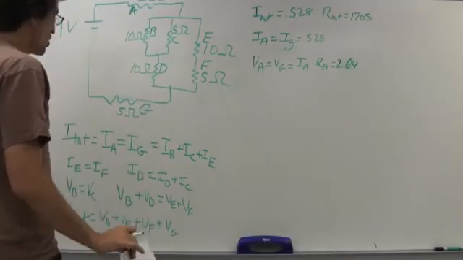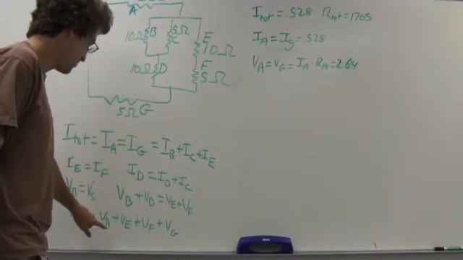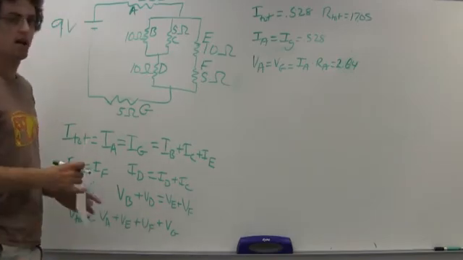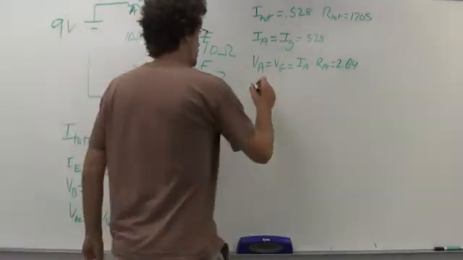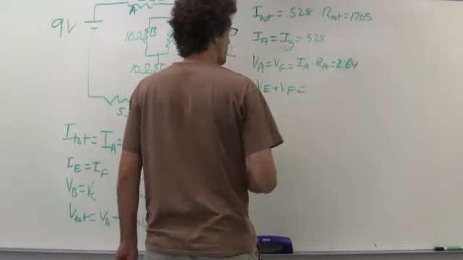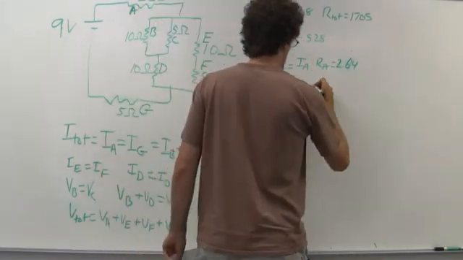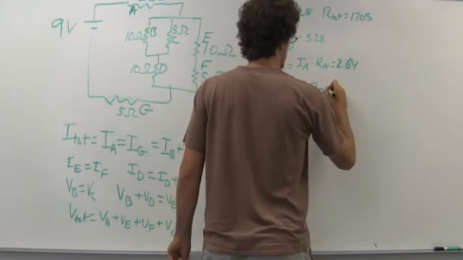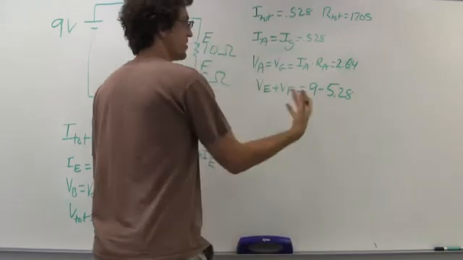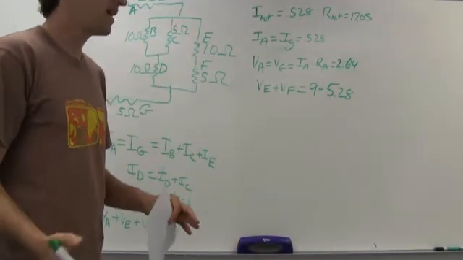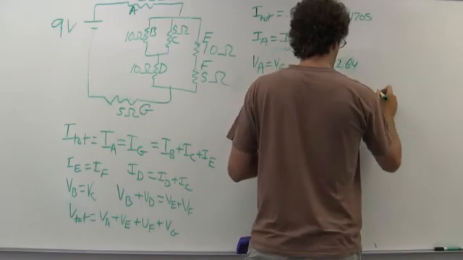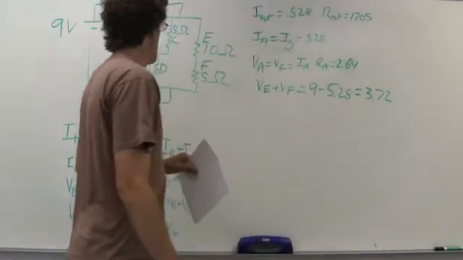Now, we also know from this right here that if we take V total, we subtract VA and VG, we get VE plus VF. So VE plus VF equals 9 minus 5.28, which again is 2.64 times 2 for both VA and VG. And that gives us 3.72.